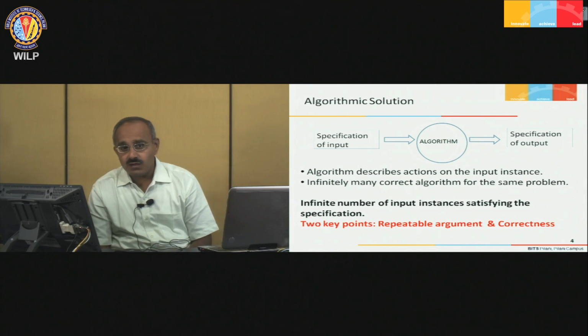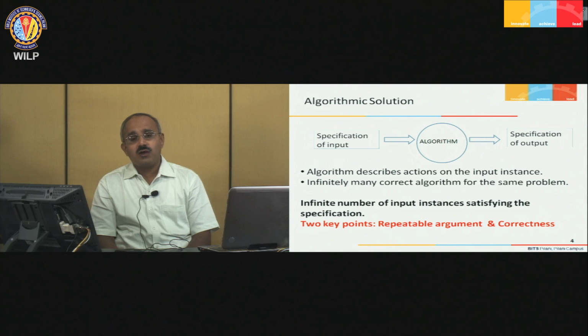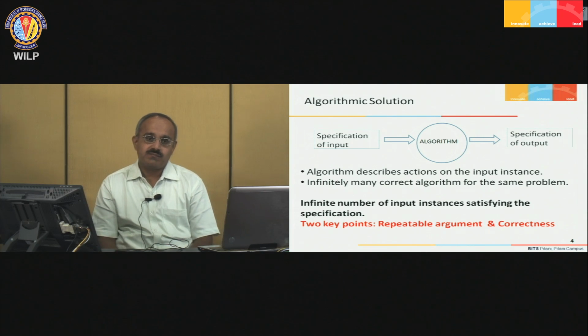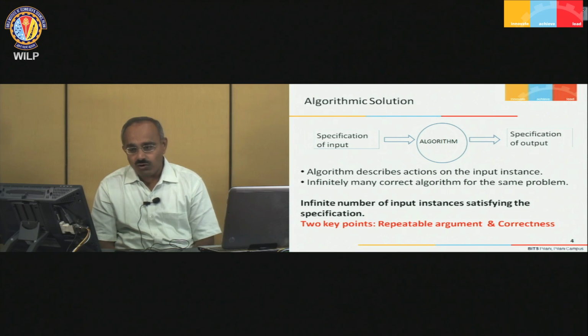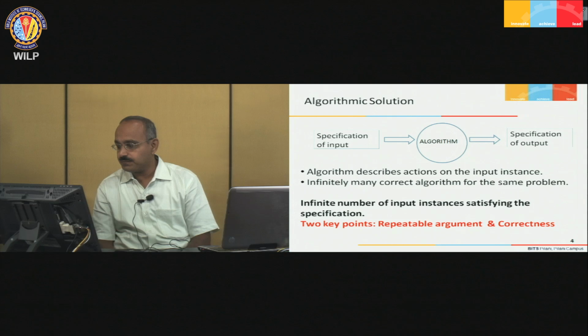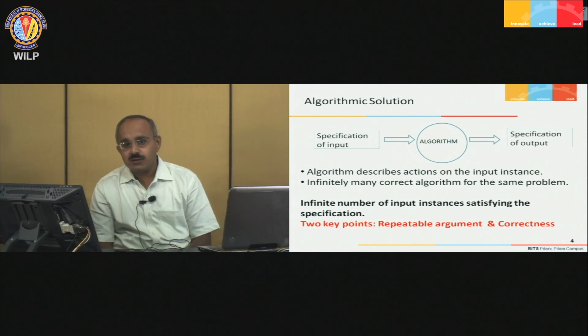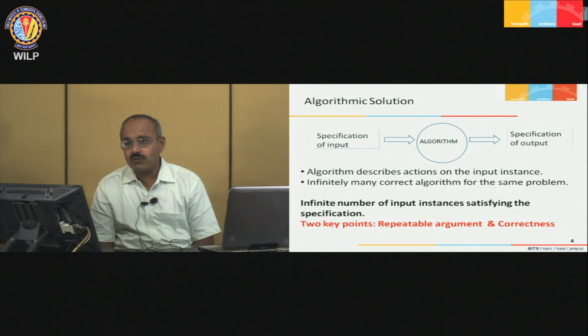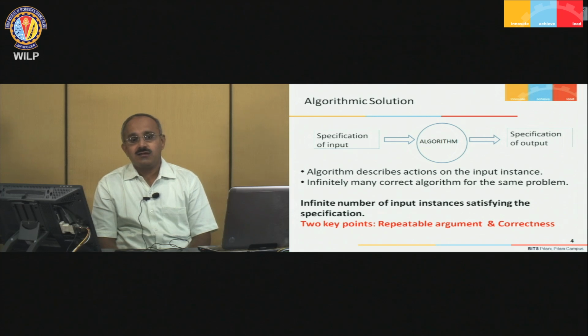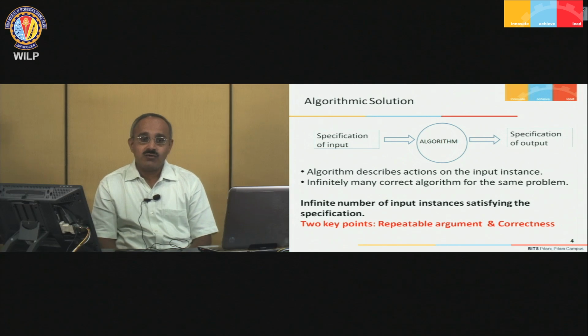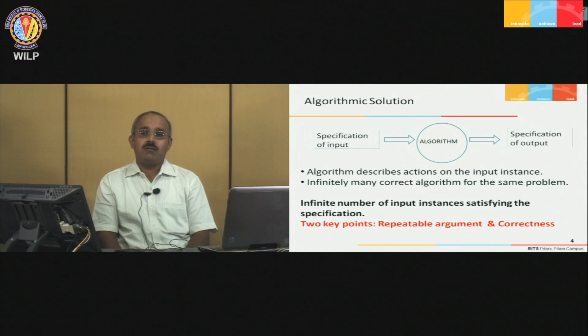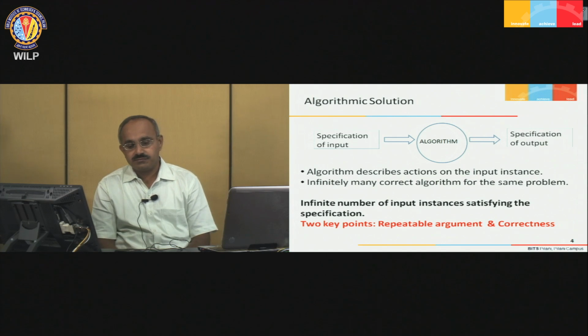Also, emphasizing again, if we have a problem, the algorithm is expected to solve every instance of the problem. For example, if you want to sort a sequence of integers, then it should sort a sequence of random numbers, that is, numbers which are in random order. So, there are two key points which I would like to point out. One is that the algorithm that we are proposing or trying to find should be repeatable to any instance of a given problem.